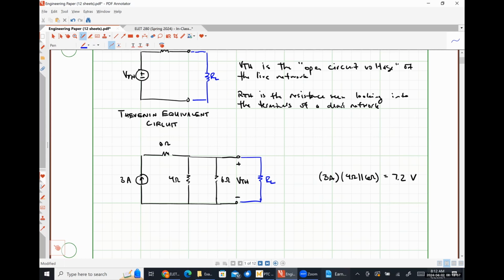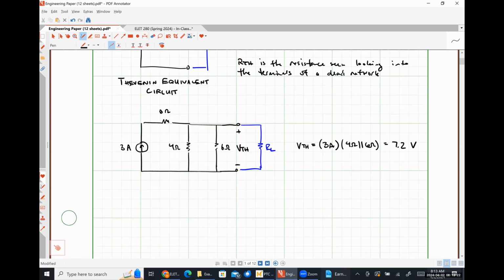So we would open circuit the load resistor RL, which means we remove it from the circuit entirely, find the voltage drop across those open circuited set of terminals, and that is our Thevenin voltage, which we just found for this particular situation using nothing more than Ohm's law, because that was all that was required, right?